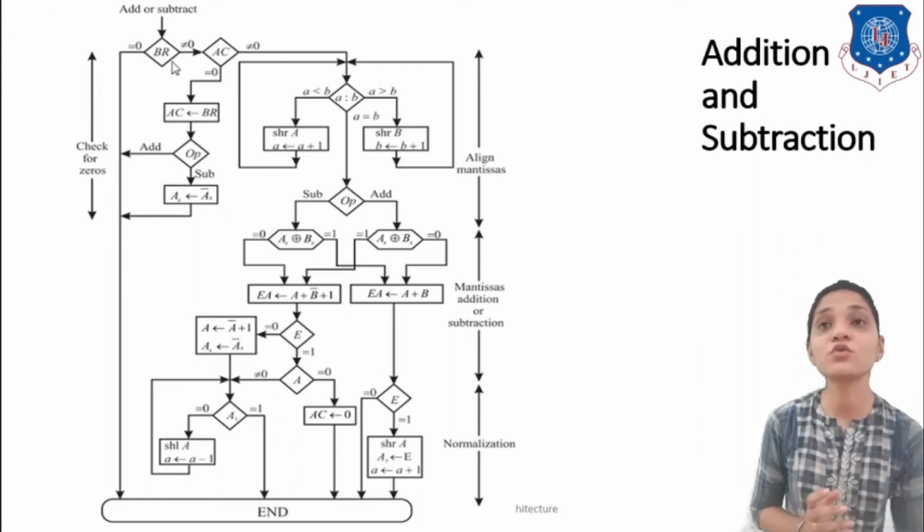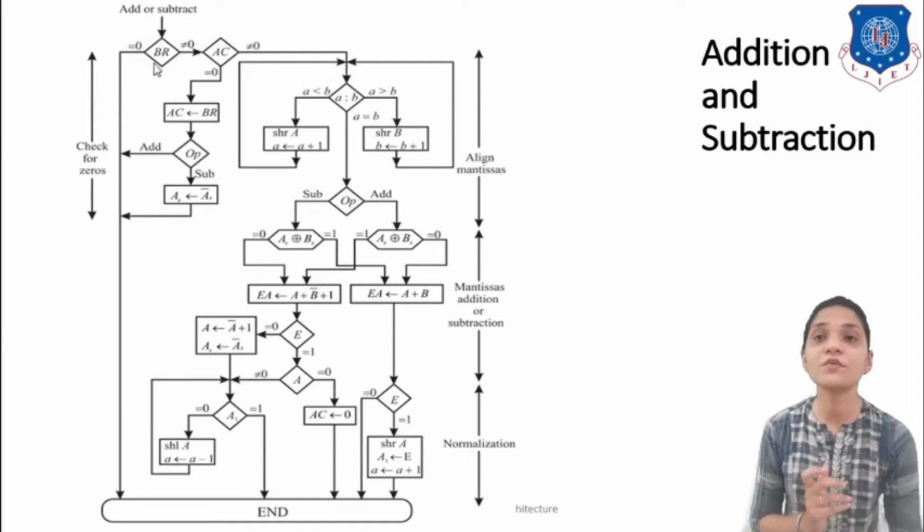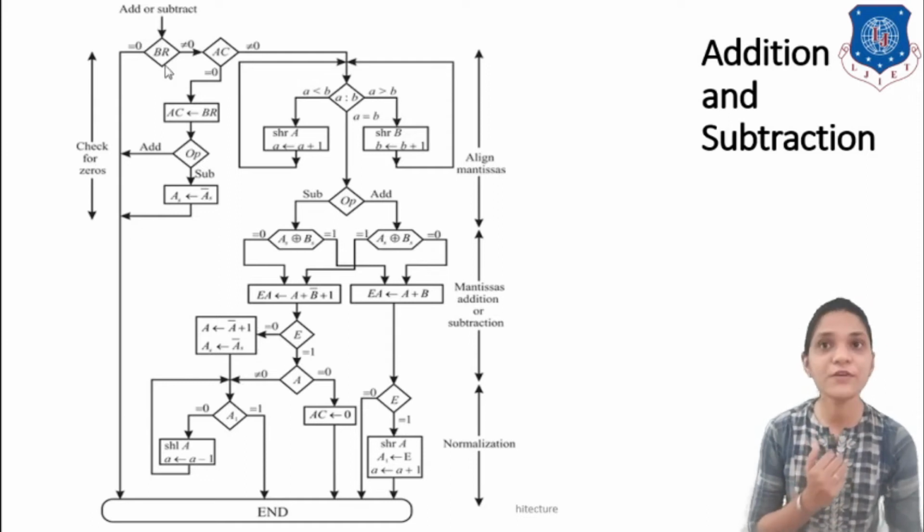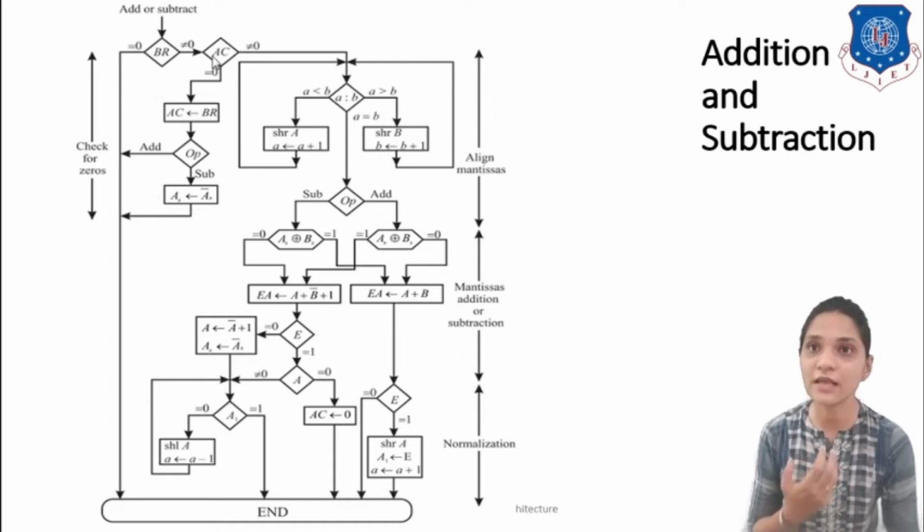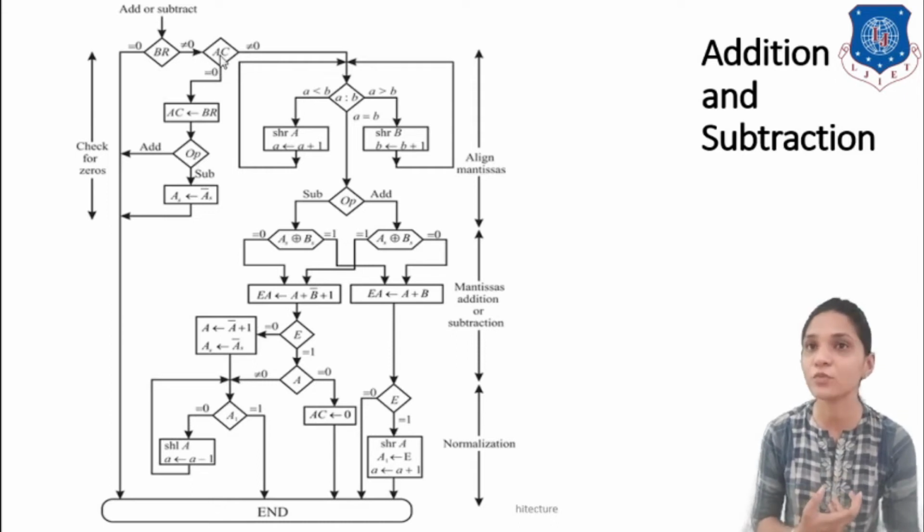Now first we have to check for zeros. This is the part for the check for zero. First we will check BR, whether BR is 0 or not. If it is 0, then your result is already in the accumulator, so you have to end. If it is not 0, then you have to check the accumulator, whether the accumulator's content is 0 or not.